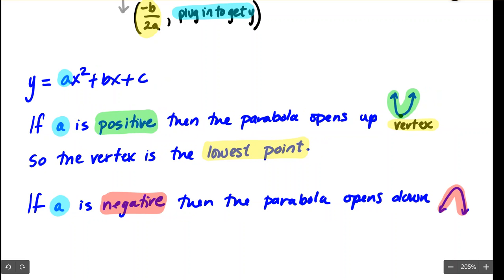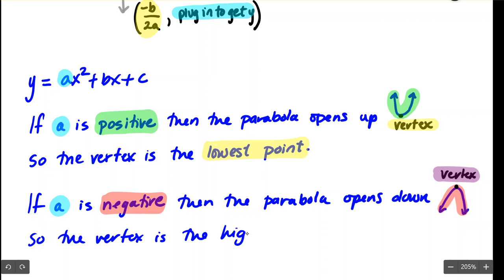So if a is negative, the parabola opens down, and this vertex here is now a maximum, or what we can say, the highest point. So the vertex is the highest.